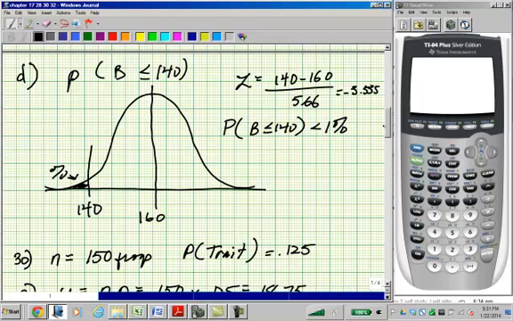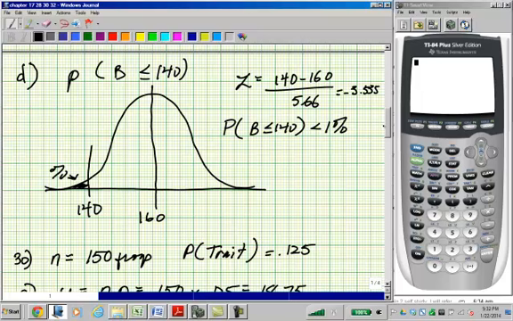Now, the next question is for D. What's the probability the number of bullseyes is less than or equal to 140? So we're going to use a normal model, and so we look at the mean is 160, and we're interested in the probability of 140.